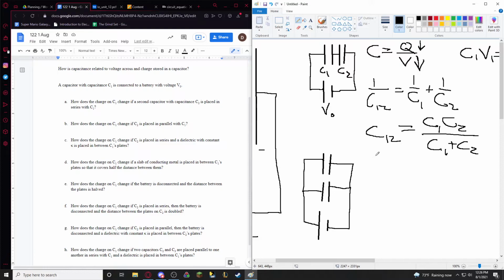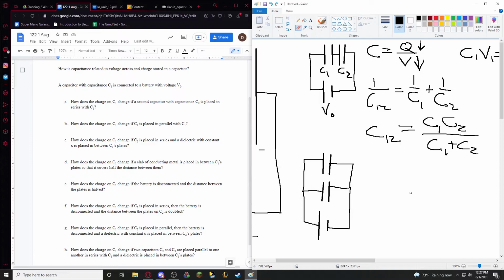Well, we're talking about just individually C1 here. We have C1, so for example, this is C1 and this is C2. Essentially, we're going from this completely disconnected, not connected to the circuit, and then boom, we connect it. What happens to the charge on C1 after connecting it?